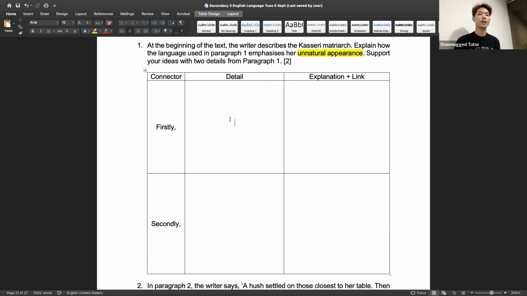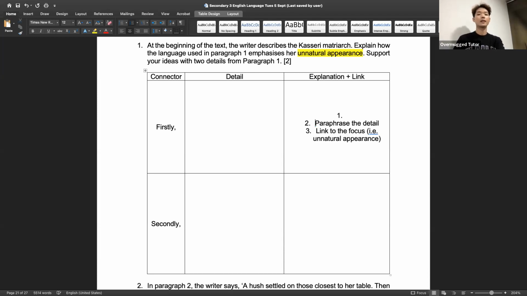You can take about 4 minutes to do this question. Look for the details, and then after that, explain. Number 1 is to paraphrase the detail, and then after that, link to the focus, which in this case is unnatural appearance. That is what you need to do.